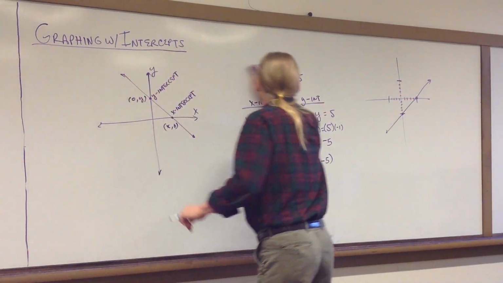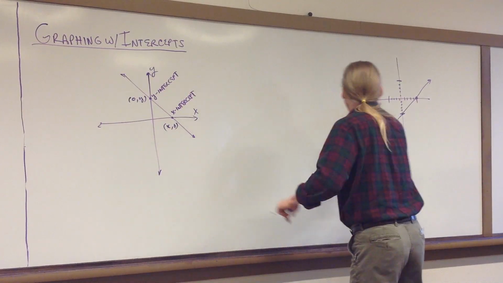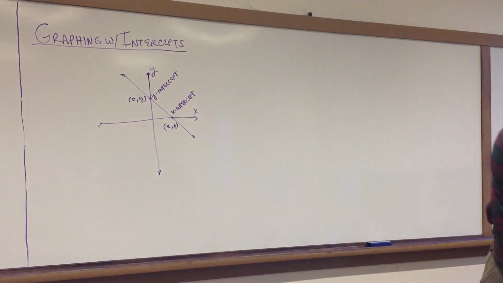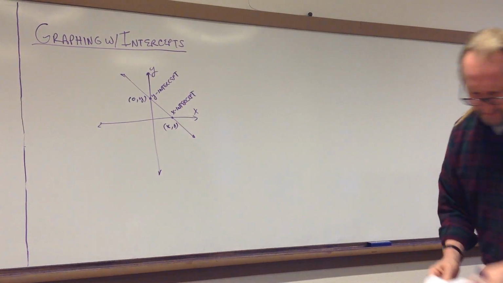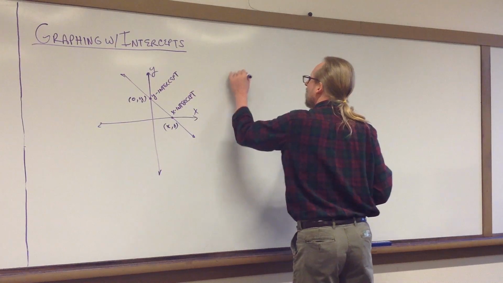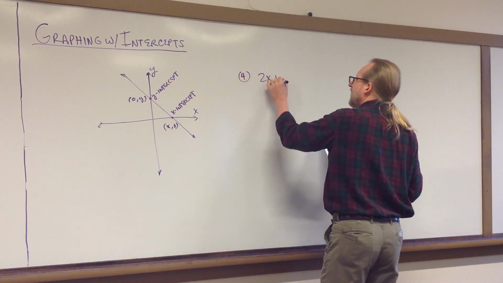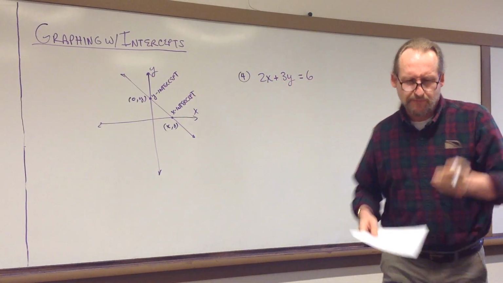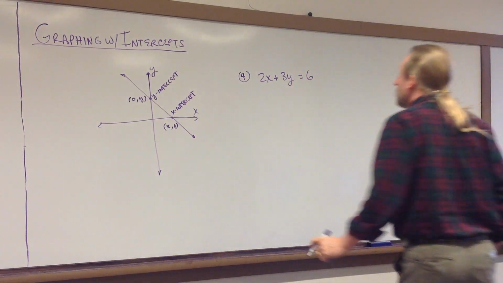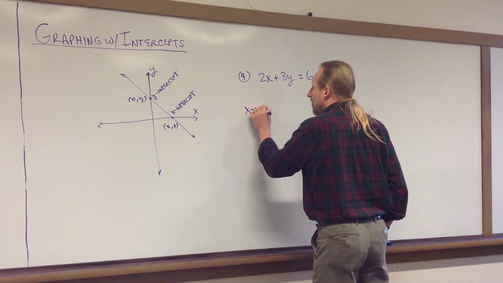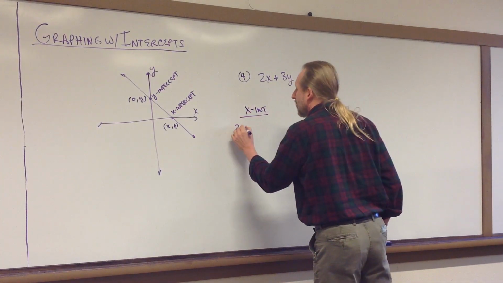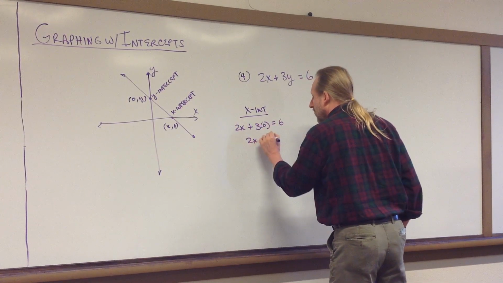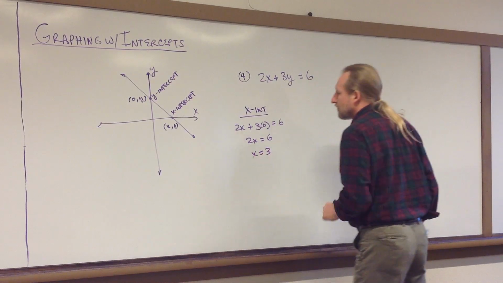Okay. Well, let's look at some more of these. It's going to be the same process on every one. Let's see here. Problem 4. Now with these problems, we don't really have to get the y by itself, although that's a good skill to have. Really what we're looking for here, again, with the x-intercept, is to plug in 0 for y. And so x equals 3, right?